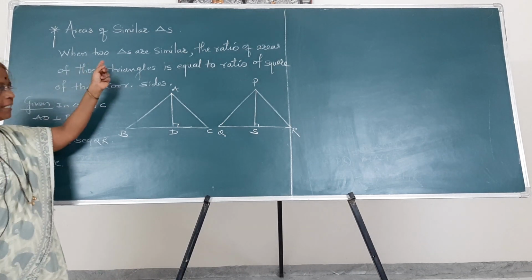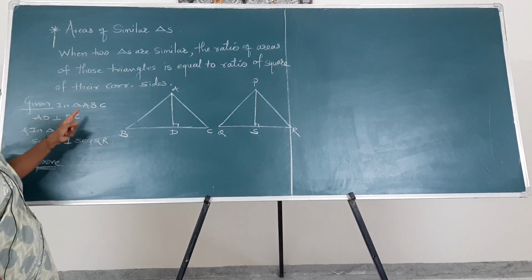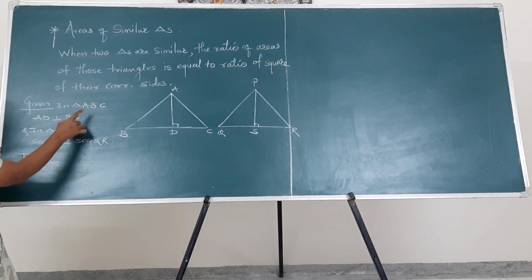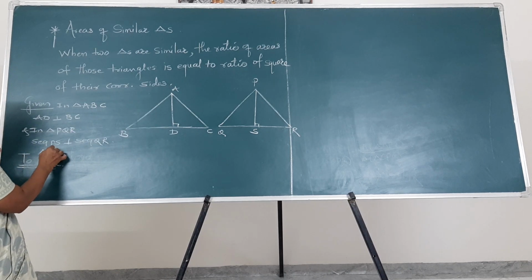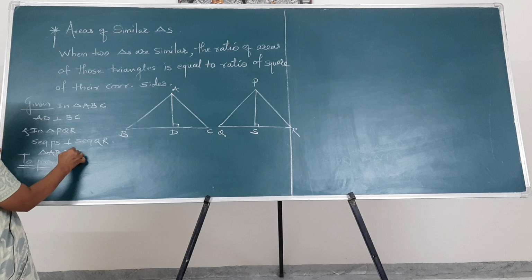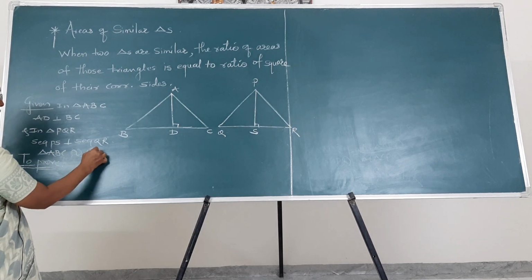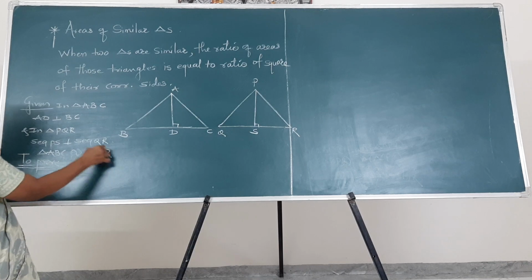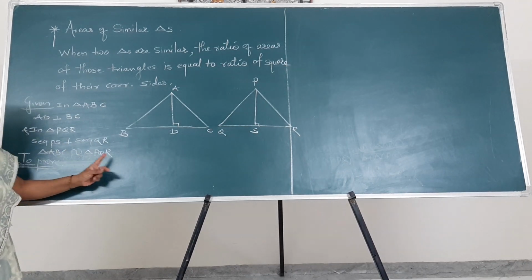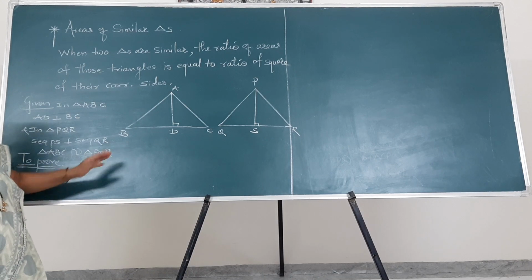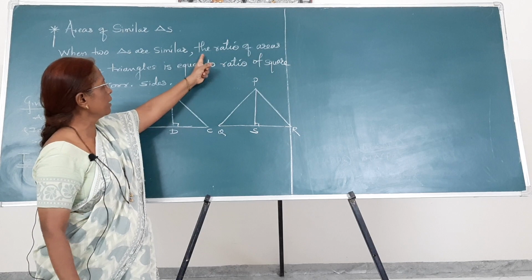See once again the statement. When the triangles are similar, means this similarity. So one more thing we should mention, that triangle ABC is similar to triangle PQR. This is a very important thing. They had given in the statement that these two triangles are similar to each other. Then what do we have to prove? After the comma, the thing is very important.